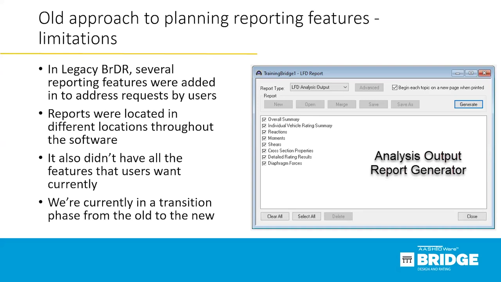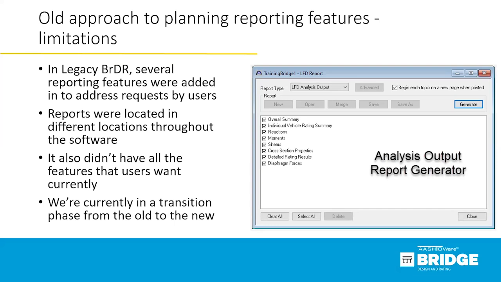So this is a screenshot of what the first generation of the report tool was in the legacy BrDR. They added some customization of different aspects that you could put in your reports by just clicking checkboxes. The report tool was still not fully customizable, but it was more flexible.